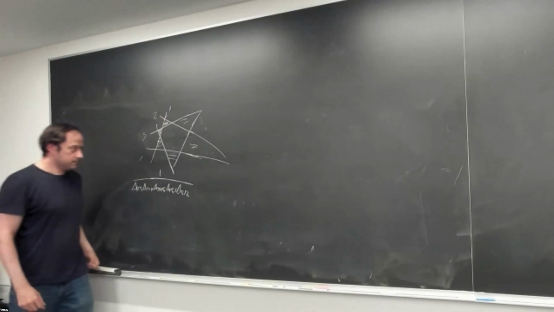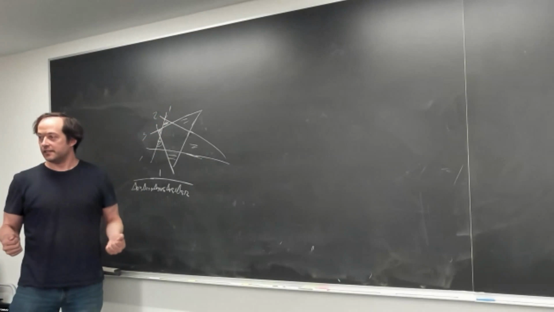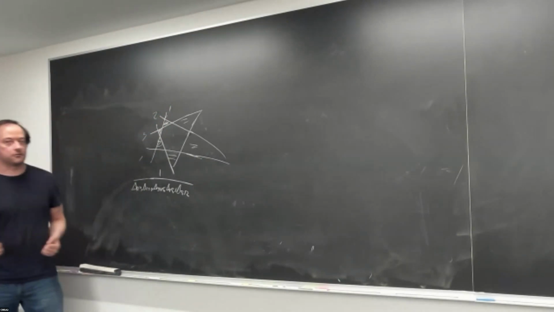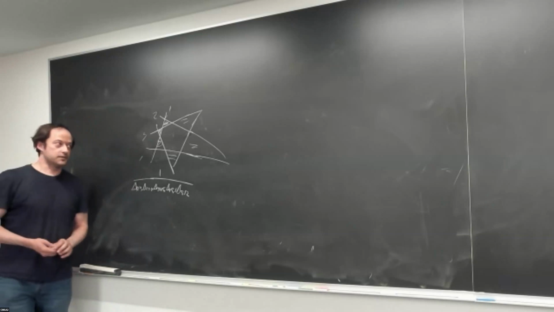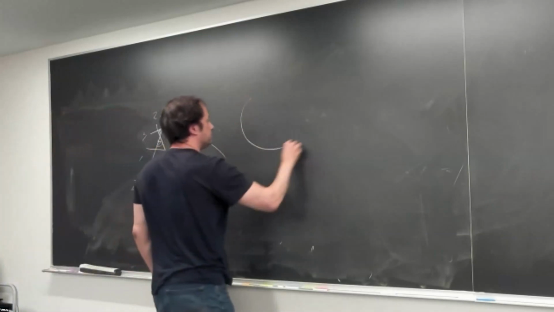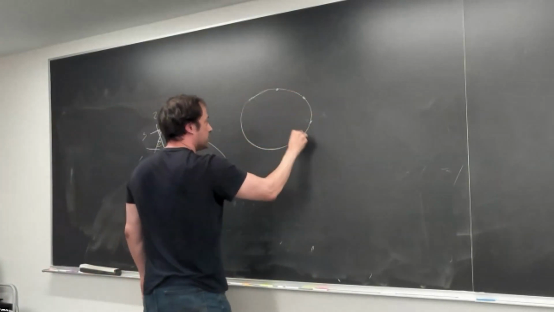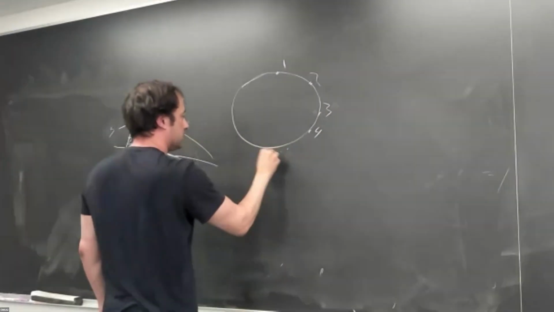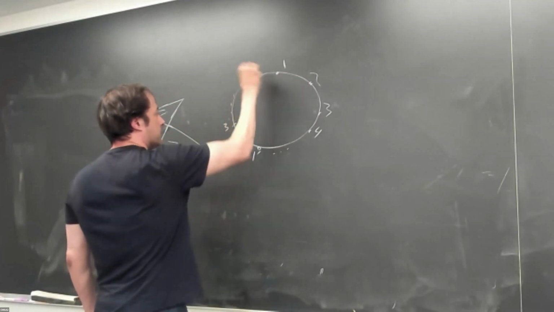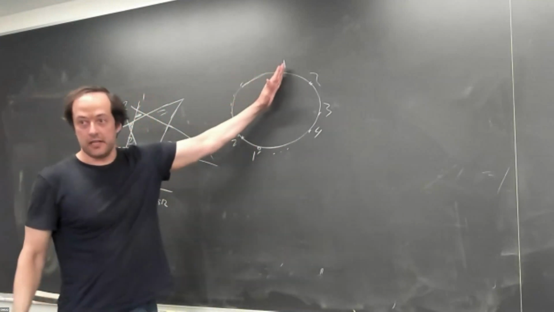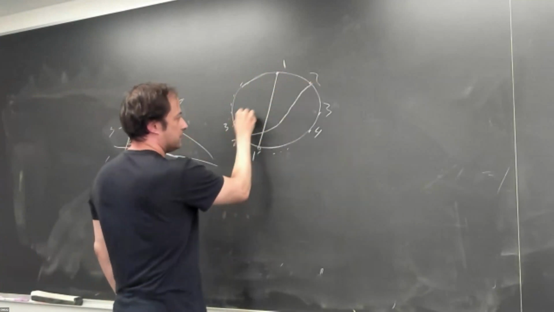The question is, when you start having more and more lines, up to like 9 and 10 lines at once, you can start running into things called non-realizable oriented matroids. Those arise when you take a circle, take n points on the boundary, 1, 2, 3, 4, 1 prime, 2 prime, 3 prime, and instead of drawing an arrangement of lines in the interior, you suddenly allow curves, like so.